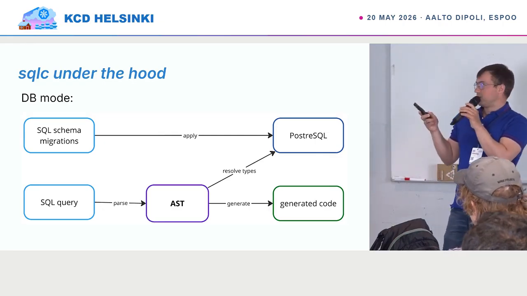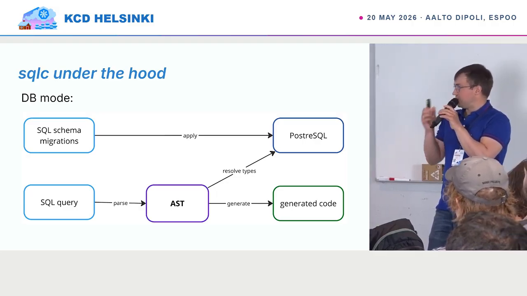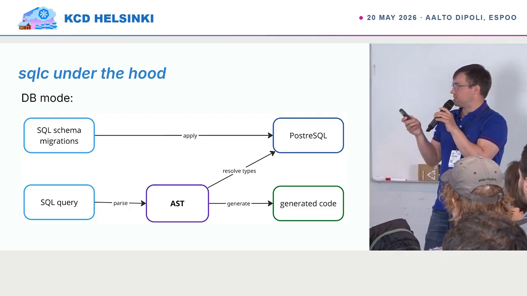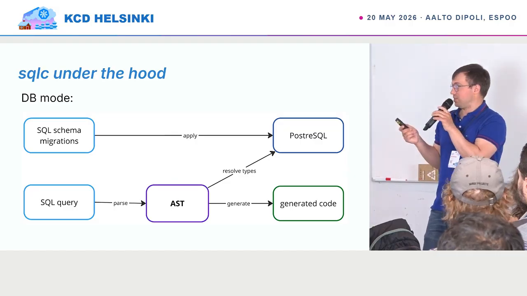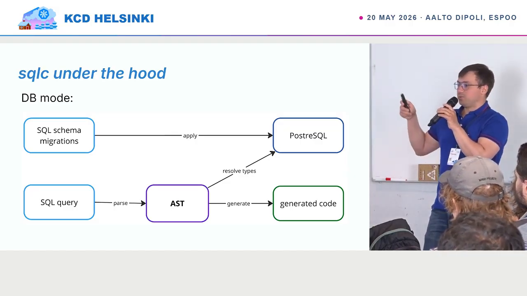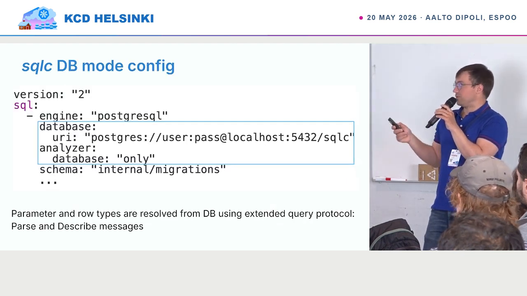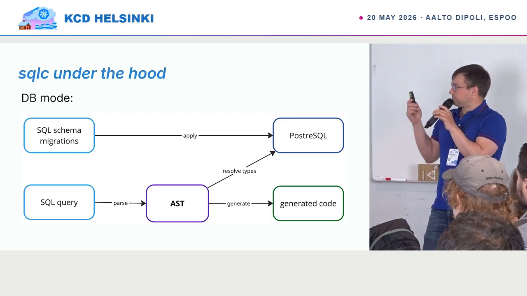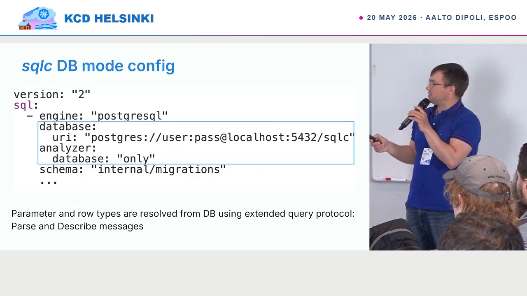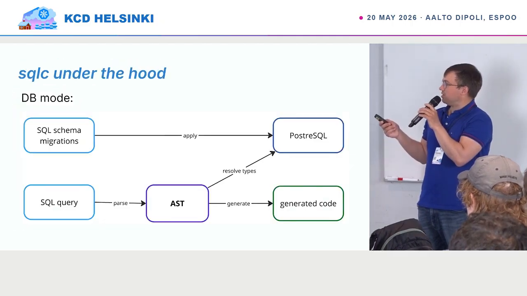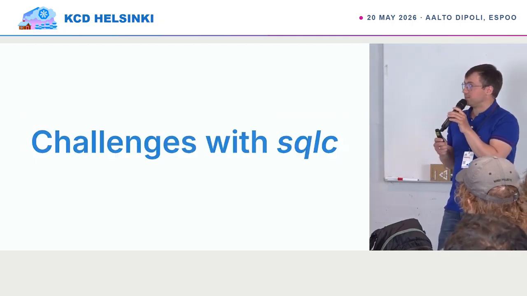We apply all migrations to Postgres running in a Docker container or test container, and for the SQL queries, we also parse them to construct an abstract syntax tree. But for the result and the types, it queries the real database using the extended query protocol, and then uses that to generate the code. It's similar, but this second approach with DB mode is more reliable. It can catch more corner cases.